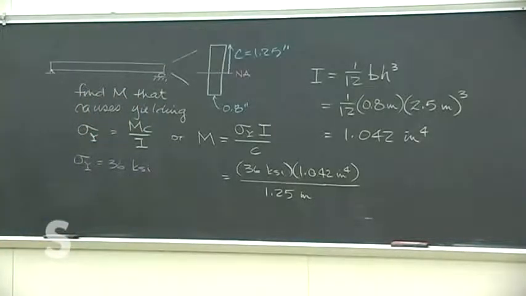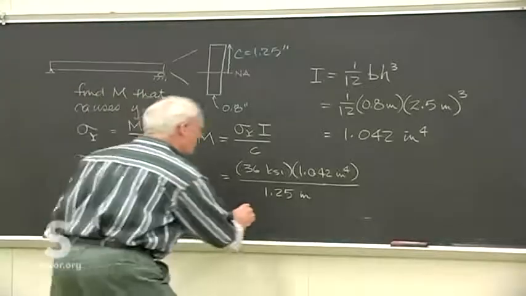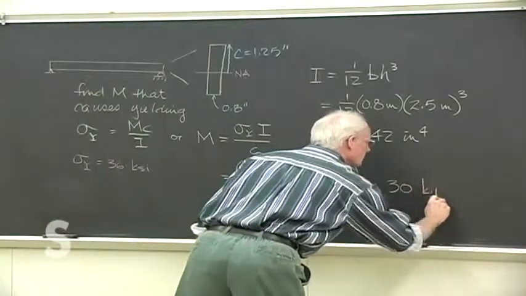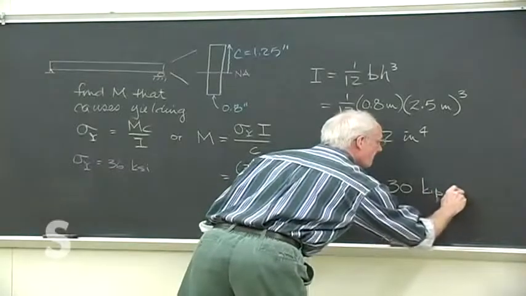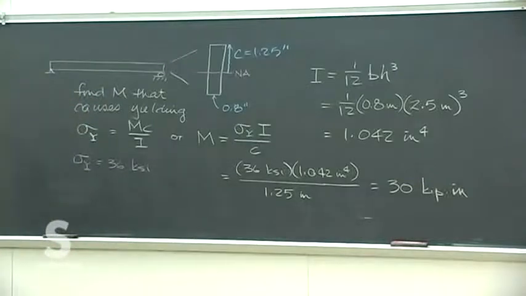Units okay? Kips per square inch takes off 2 of the inches to the 4th. We've got another one on the bottom. We're left with kip inches, which is a good unit for moment.